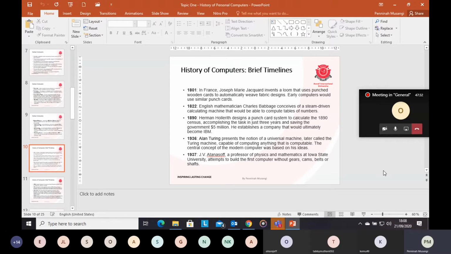1822, an English mathematician called Charles Babbage conceived the steam-driven calculating machine that would be able to compute tables of numbers. 1890, Hermann designed a punch card system to calculate the 1890 census. With that, what we call the tabulating machine helped in accomplishing the task of the 1890 census in just 3 years. Remember, from 10 years to 3 years. That saved the government of the US $5 million.